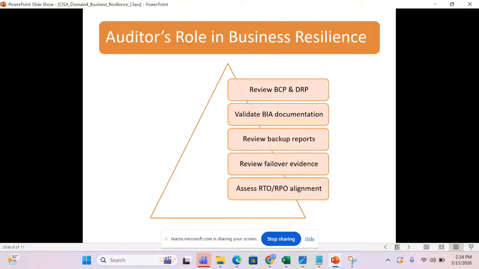Ensure that the backup is complete, and that it is being carried out as and when due, in accordance with the organization's policy.